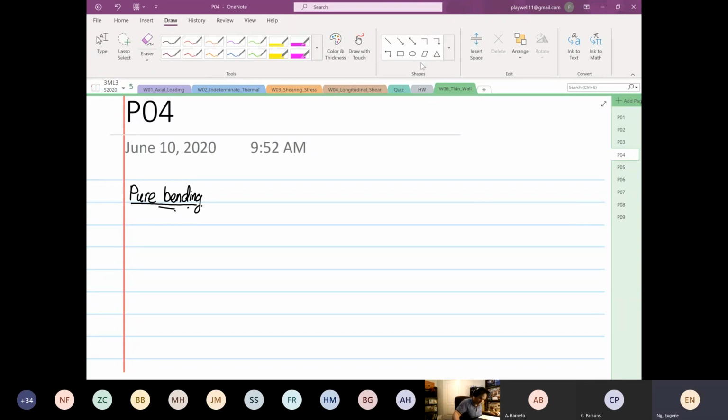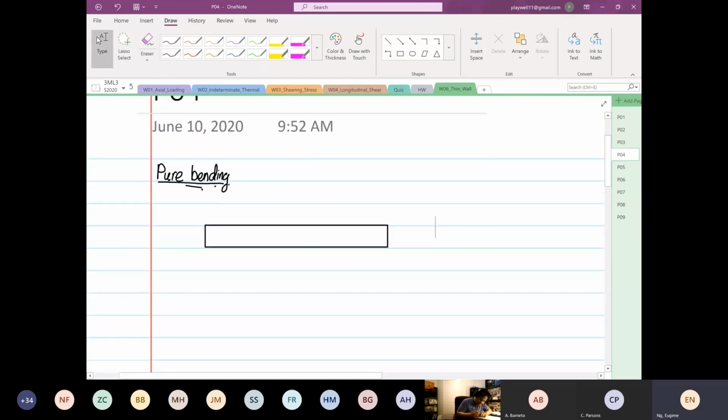So if we have a structure like this, the structure is simply supported and then we have a load P over here.